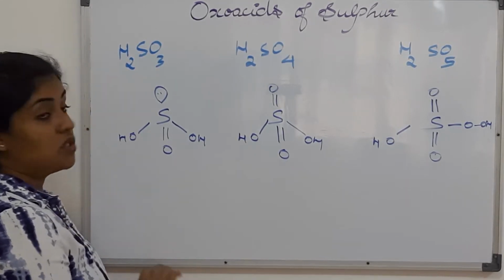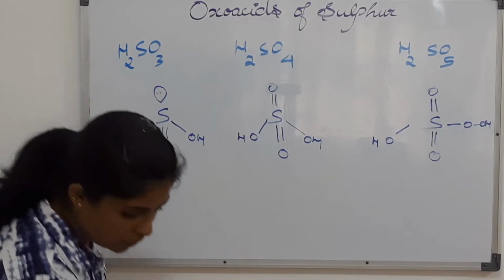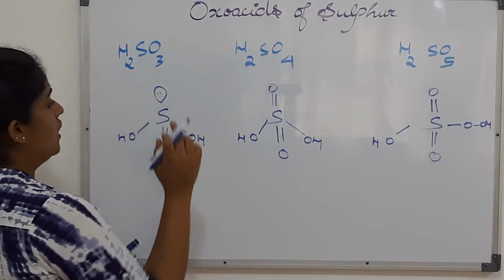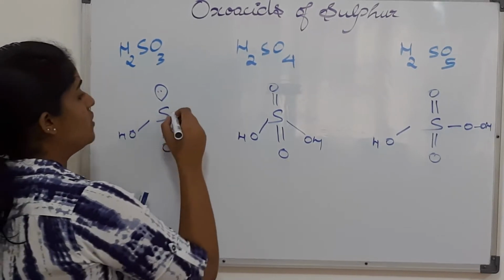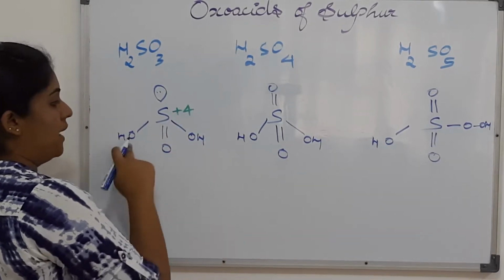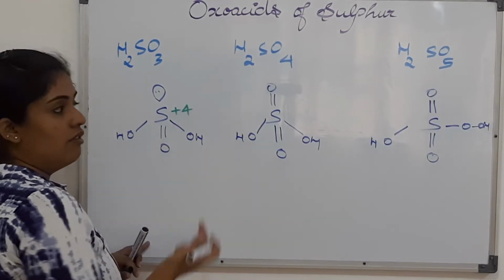Now let's look into the oxidation states of sulfur to name them. This particular one is in +4 oxidation state, because this is -2, -1, -1, so totally -4, and sulfur will be +4.